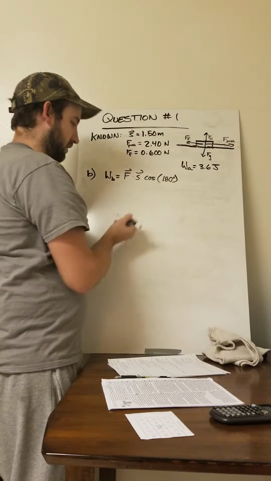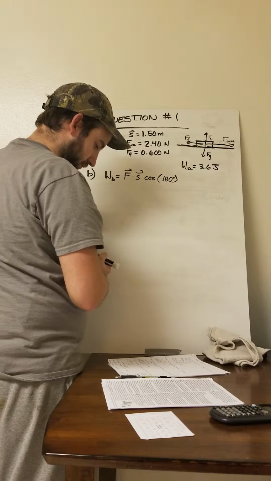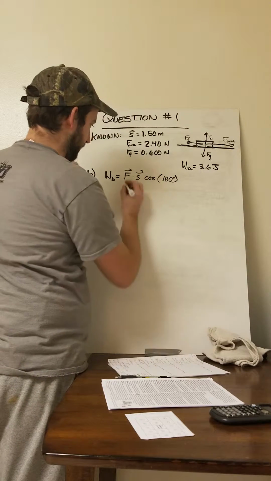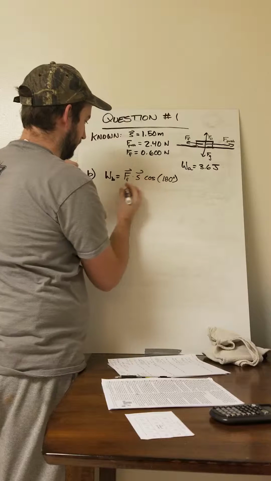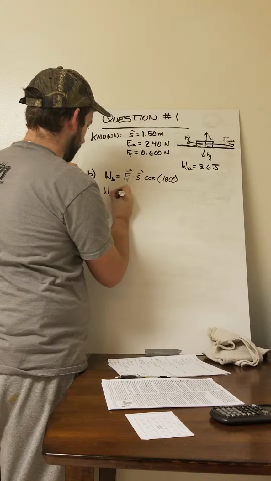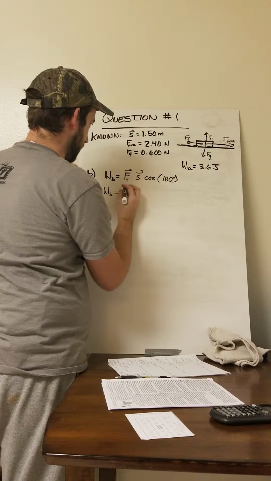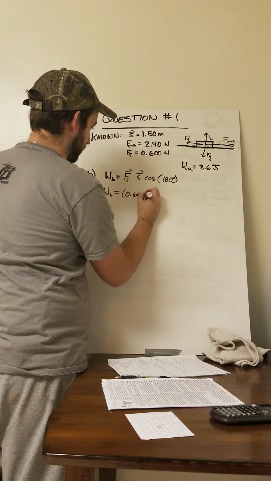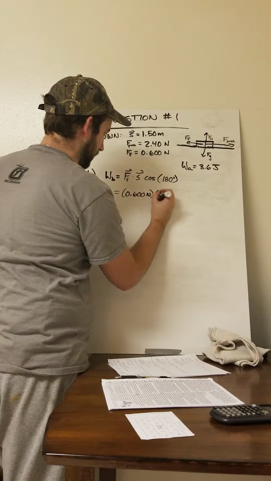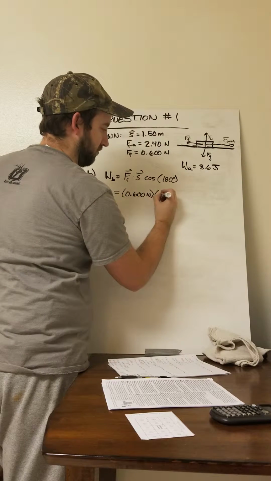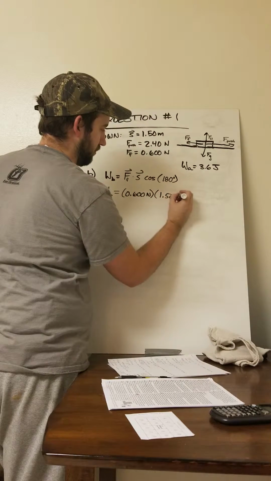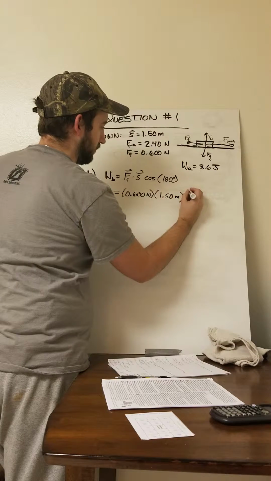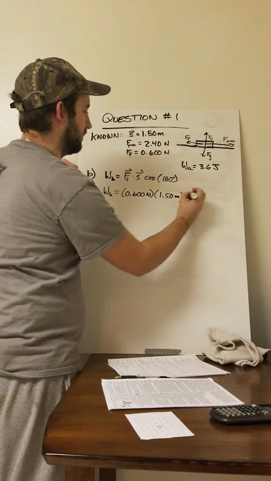So now when we plug everything in, and this force is that force of friction, so we know that the work in B equals that 0.600 newtons times the 1.5 meters times cosine of 180 is -1.